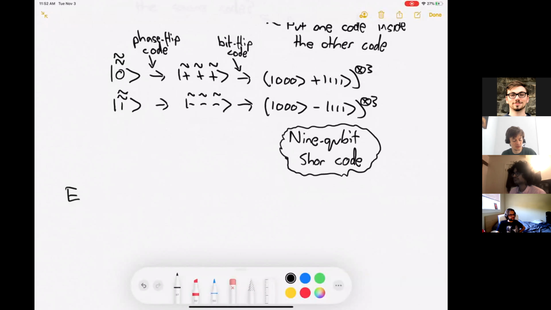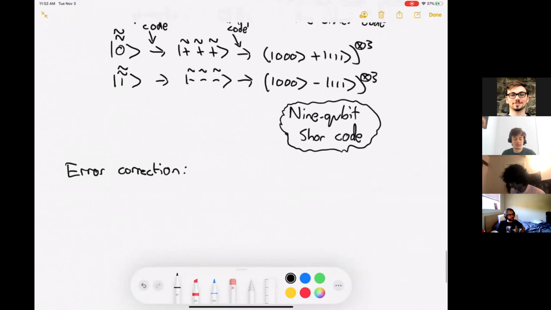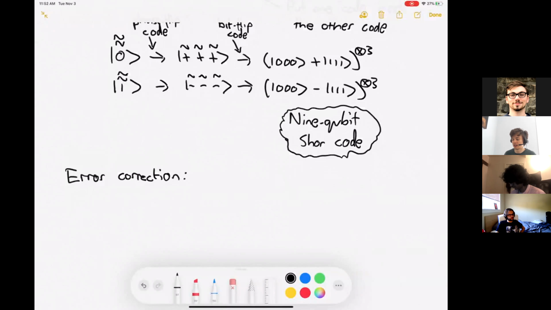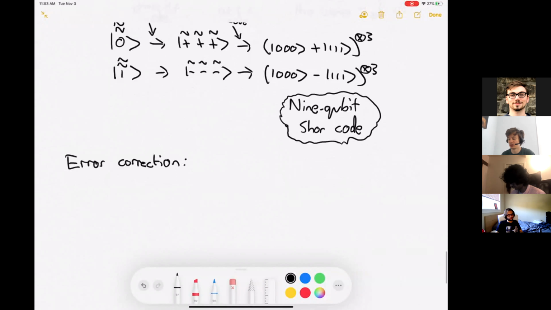So how do we do error correction with the Shor code? The first step is that we're going to correct bit flip errors that might have happened on one of the qubits.